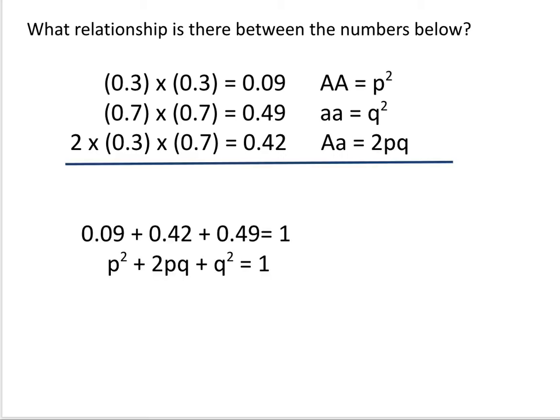And hopefully you came up with the idea that those added up to be 1, and so we can add P and Q in, and have these be P squared plus 2PQ plus Q squared equals 1. Okay, so these are the genotypes in a diploid, and then P and Q are the allele frequencies.